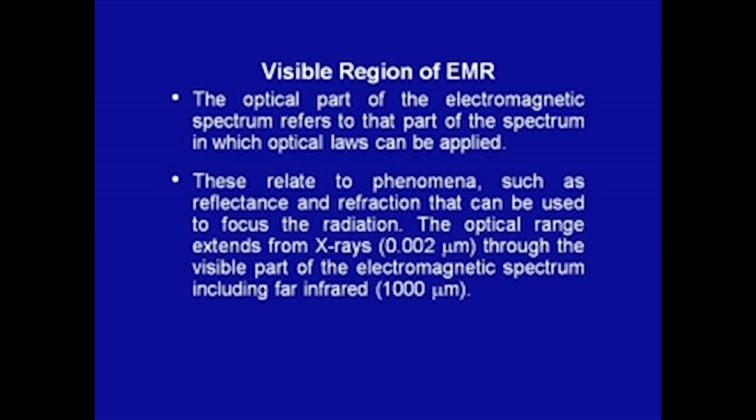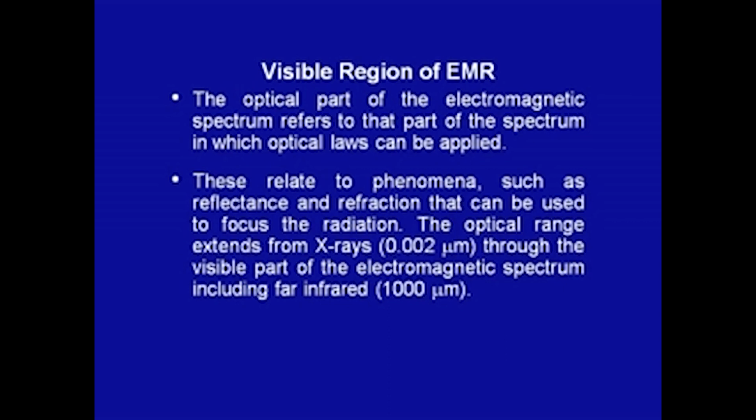The optical part of the electromagnetic spectrum refers to that part of the spectrum in which optical laws can be applied. These relate to phenomena such as reflectance and refraction that can be used to focus the radiation.